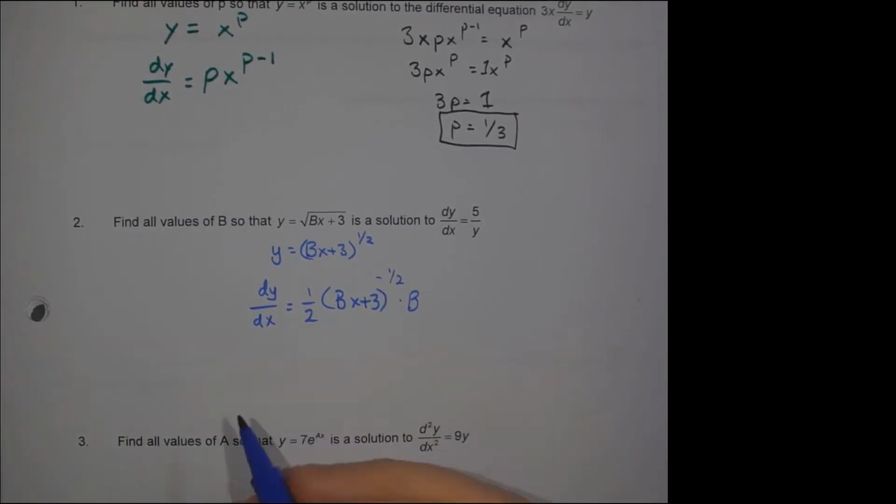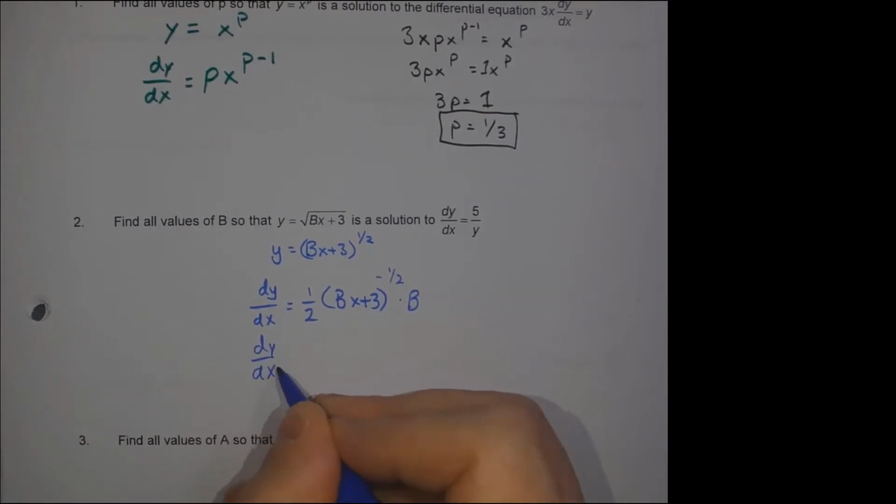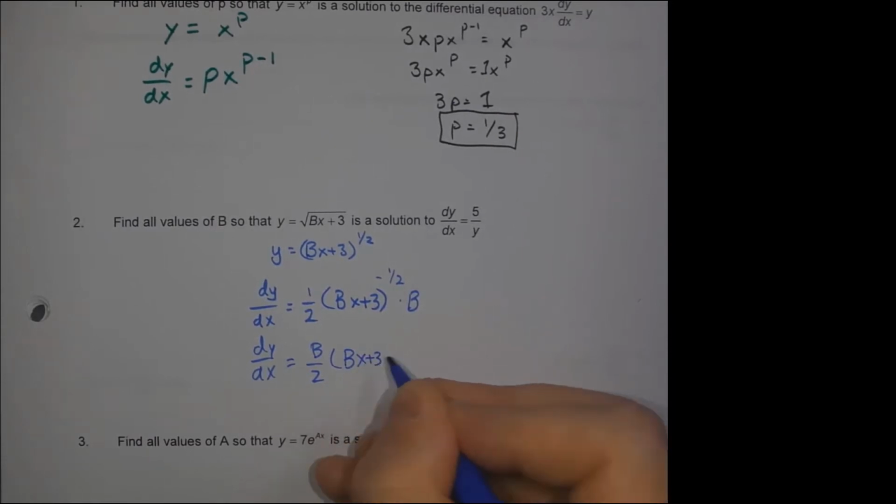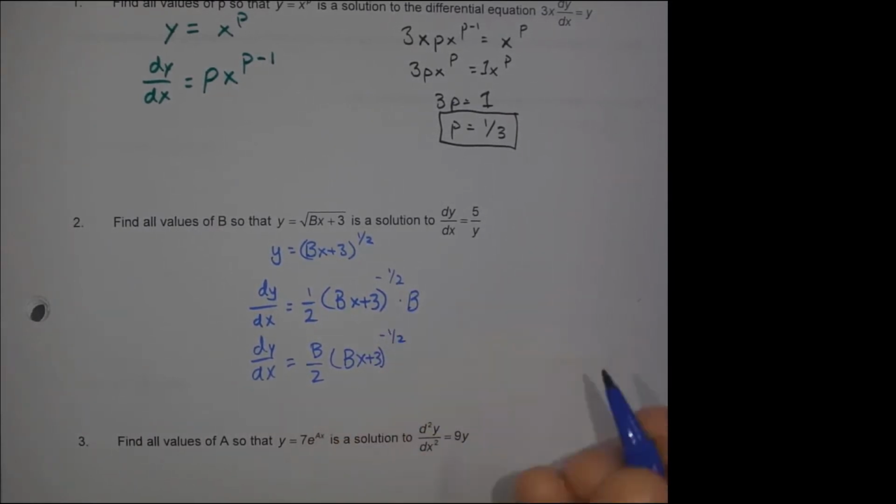So this provides dy dx as b over 2 bx plus 3 to the negative 1/2 power.